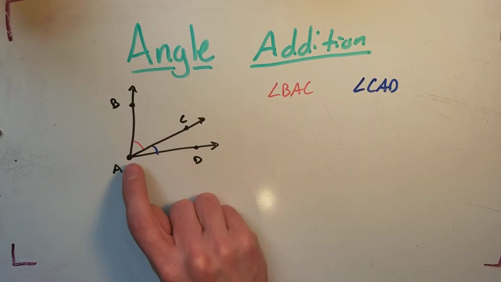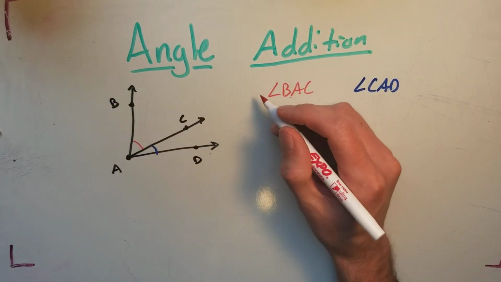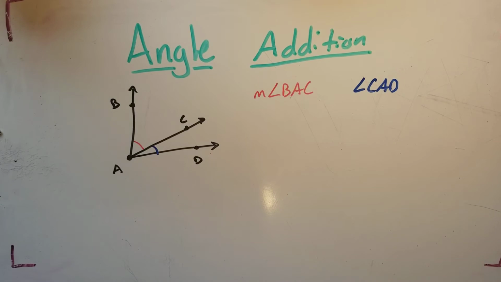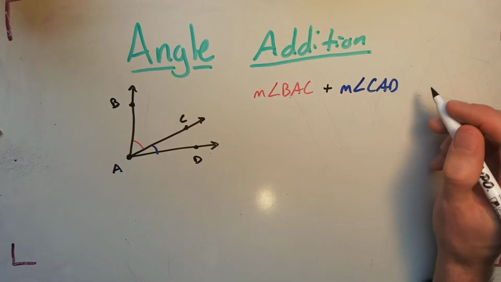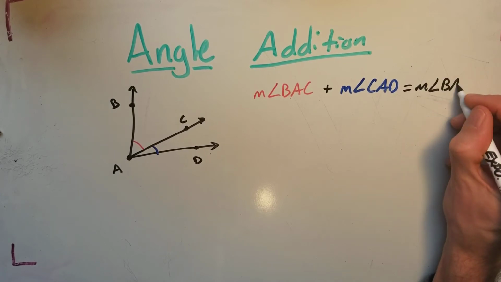Notice how they are adjacent, they share a vertex and that side. So the measure of angle BAC plus the measure of angle CAD, if you add those two together, that's going to give you the whole angle, which would be the measure of angle BAD.